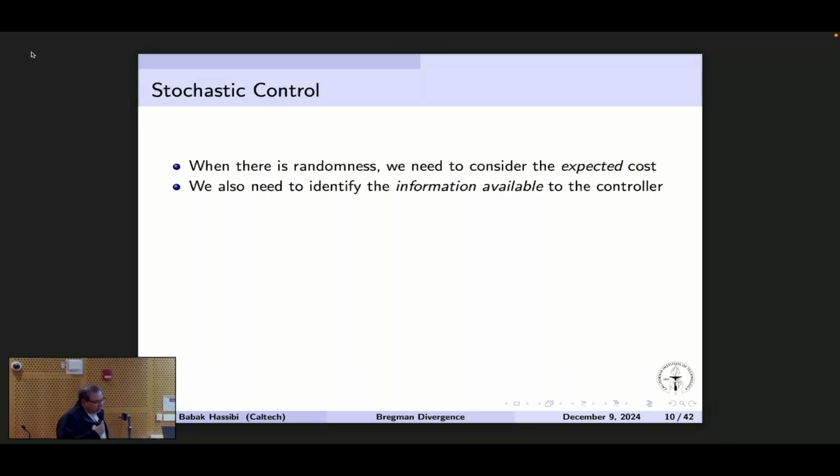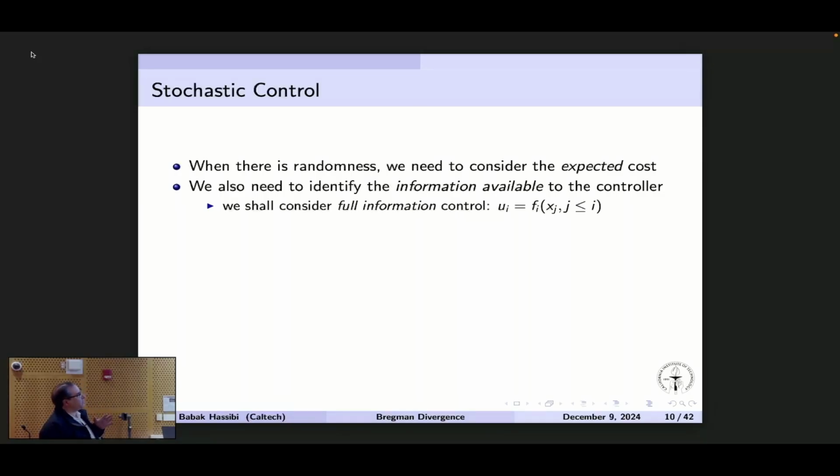You also need to be very careful about what information is available to the controller. In the previous case, the unknown was x naught, so all the control signals at different times could be a function of x naught. It was not a problem. Once you're in this setting with noise, it really depends on what the controller knows. For the majority of this talk, to make things simple, I'll say a few words about more general cases at the end.